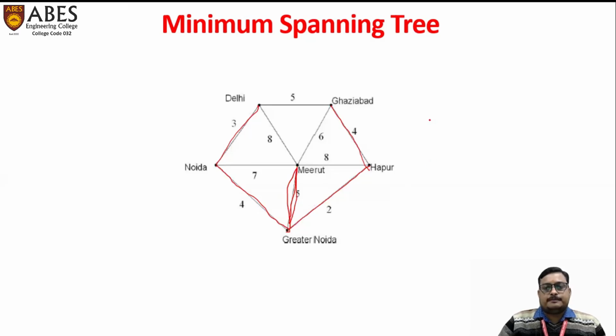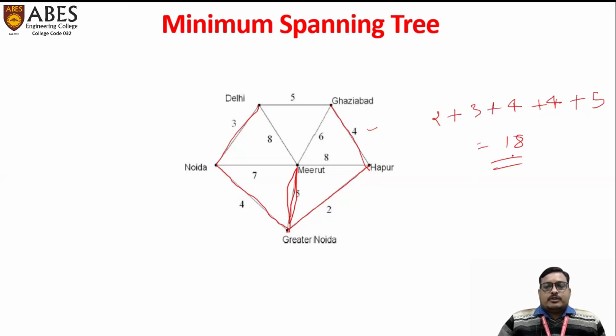So we add 2 plus 3 plus 4, again we have 4, and then 5. So the total cost is around 18.